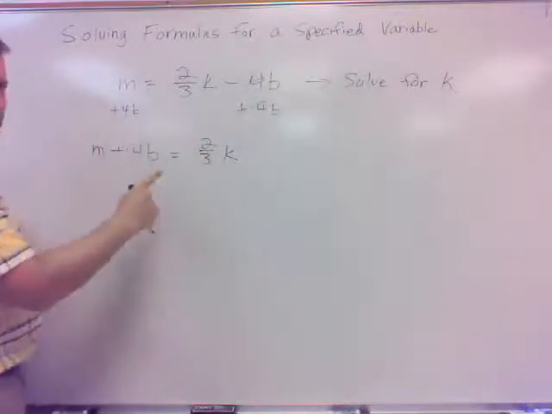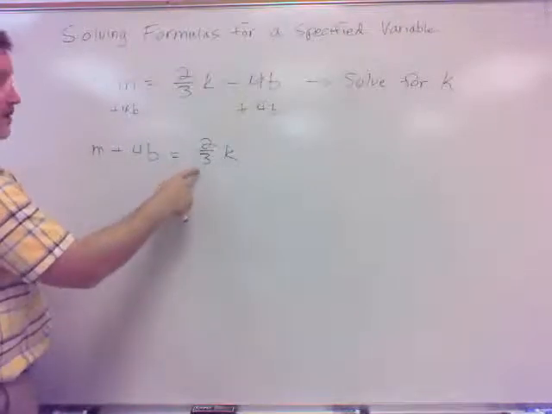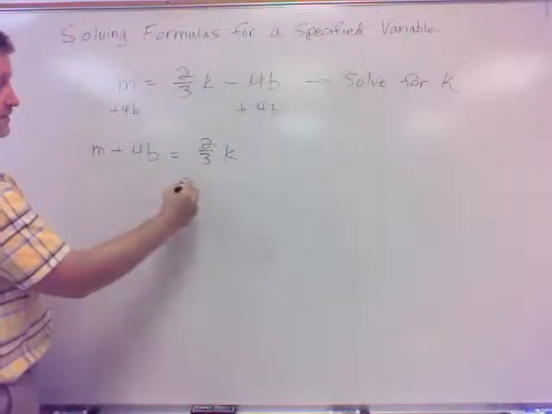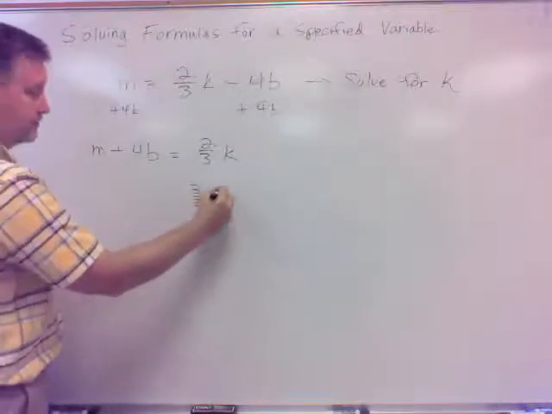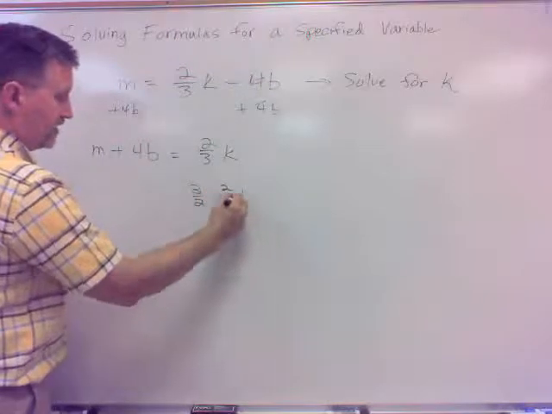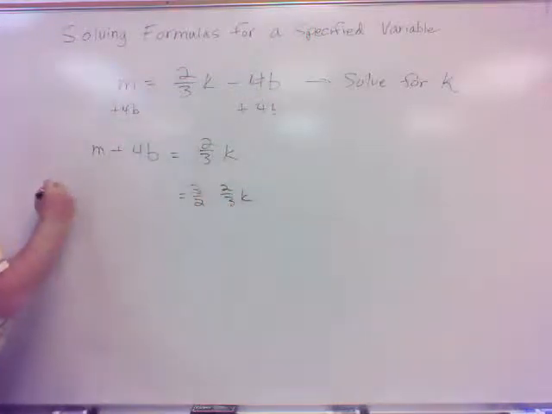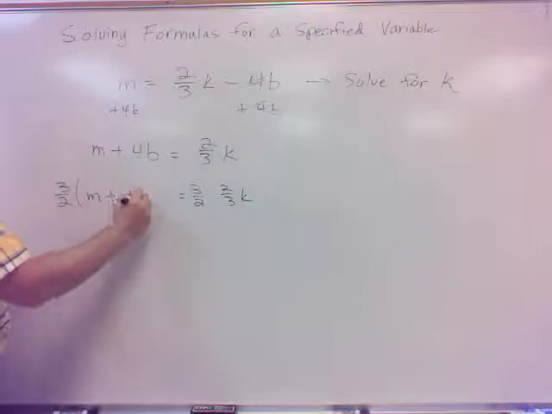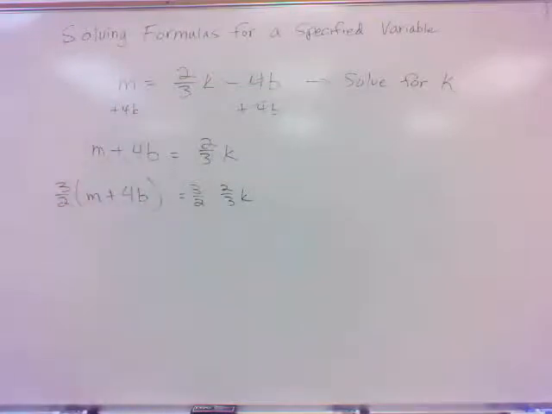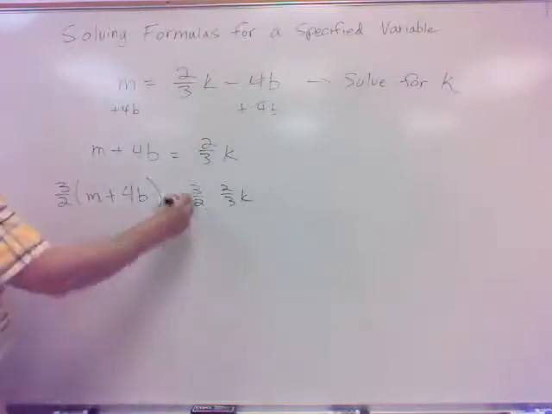So I'm going to multiply by 3/2 this side over here, 2/3 K. Well, if I do that on the right, I have to do it also, of course, on the left. Multiply the left by 3/2, and it is by the whole side there, so I'm putting it in parentheses to signify that.